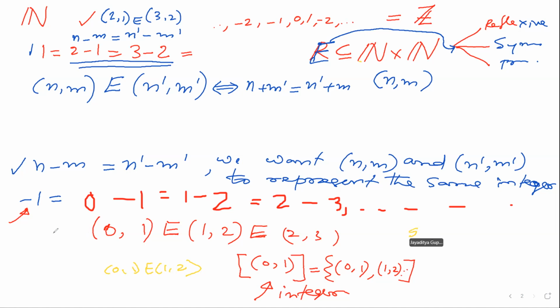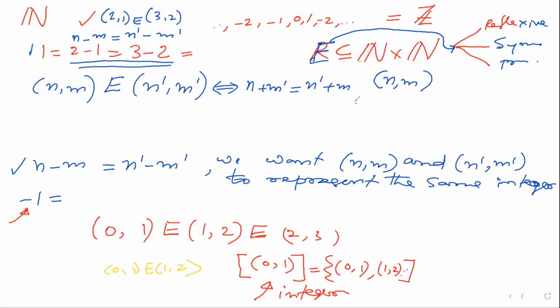Okay, yeah, sure. You see, on N cross N there are lots of things: (1, 2), (2, 1). On that set, every set can accept equivalence relations. So we can put an equivalence relation.